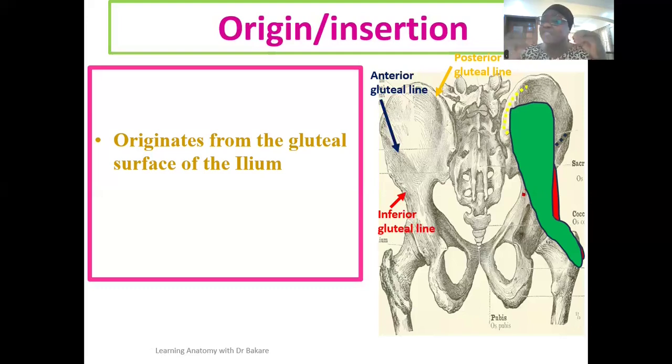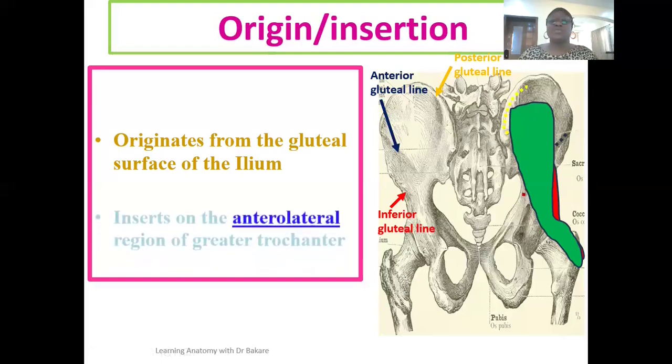But specifically, the fibers of this muscle originate between the anterior and the posterior gluteal lines. Remember, we already carved out how these lines are created around the gluteal surface of the ilium. And this is the specific point where the fibers of this muscle originate from.